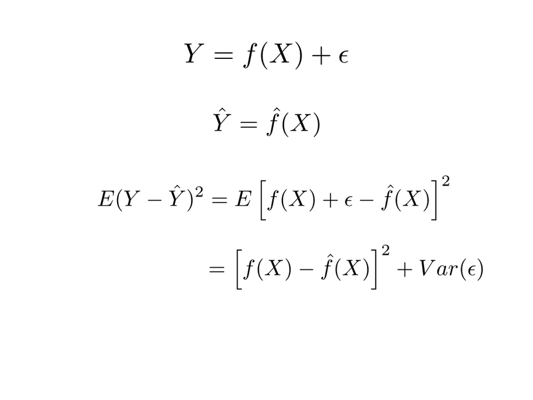So this is showing y minus y hat, the difference between what we want and what we predict. We're squaring it to get rid of the negatives, and E just means the expected value, so the average over all of our data.